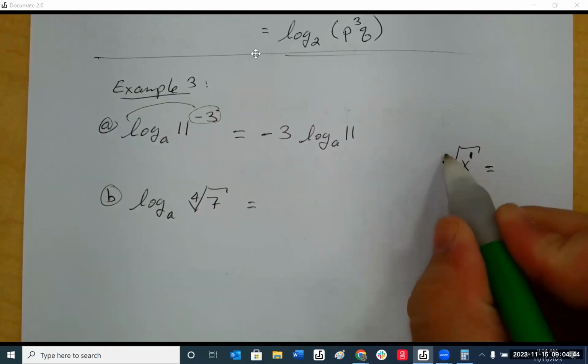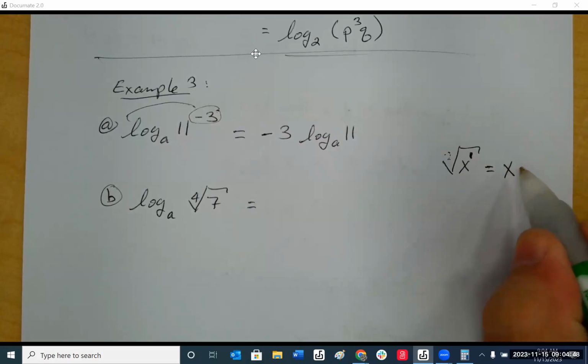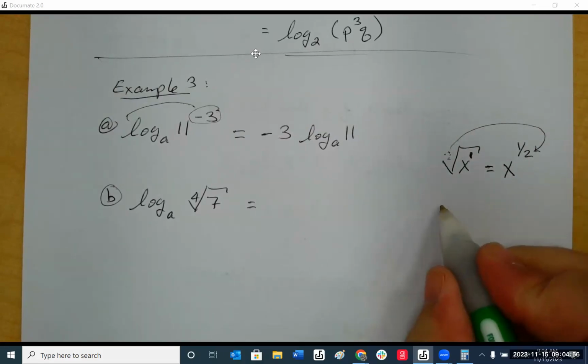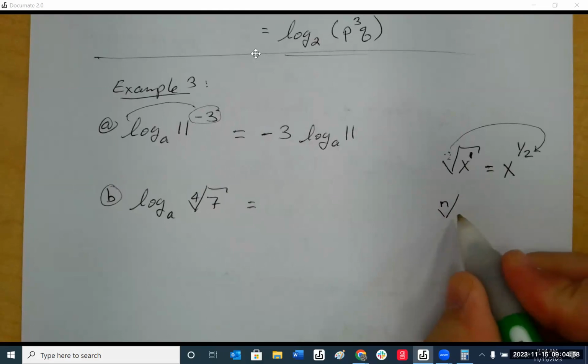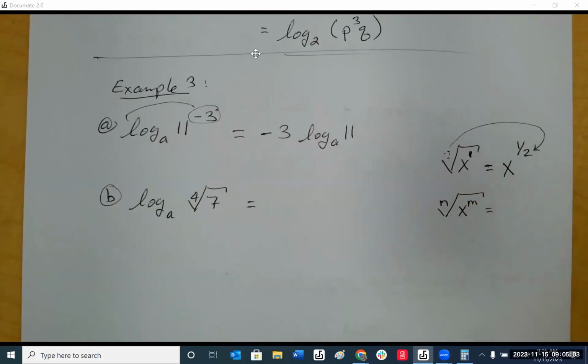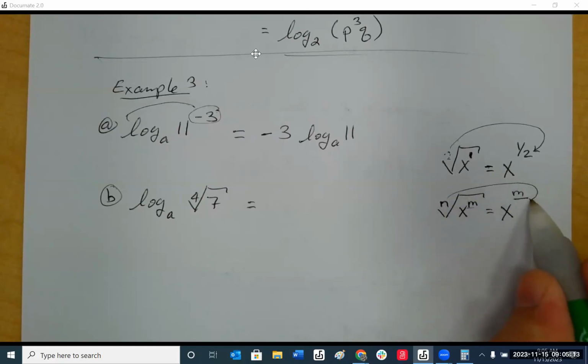Since this is a square root, there's an invisible 2 there. I can rewrite this as a fraction. Whatever the root is goes on the bottom. So if I had the nth root of x to the power m, I can put this as an exponent where this m is on top and this root goes on the bottom.